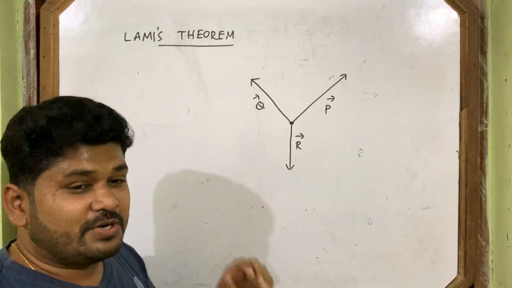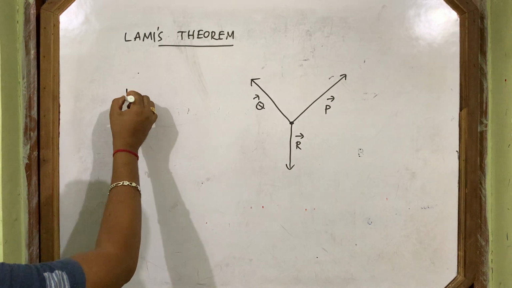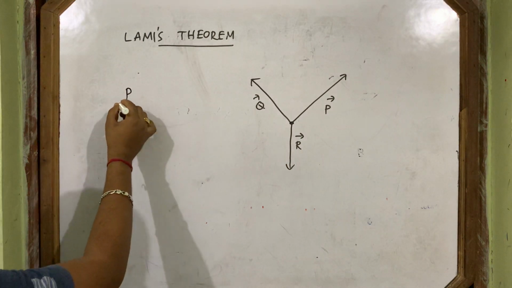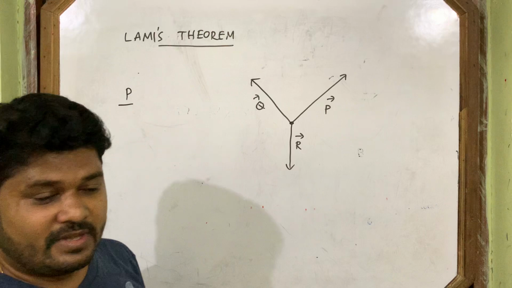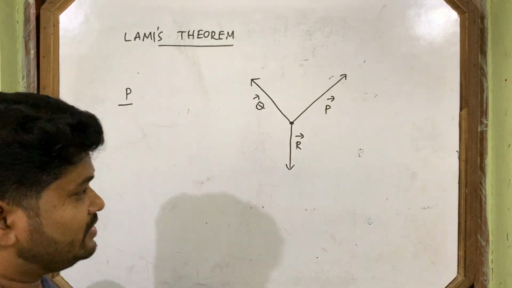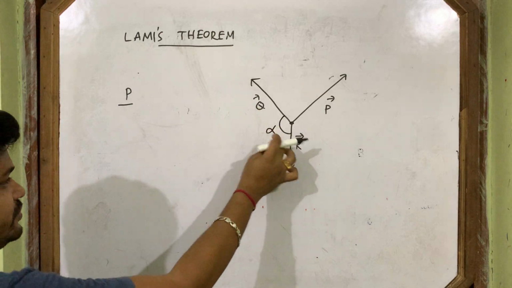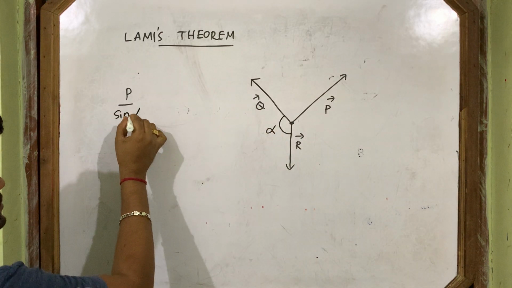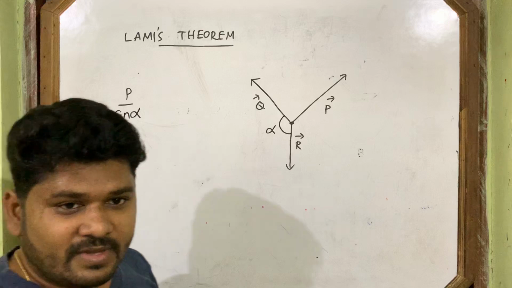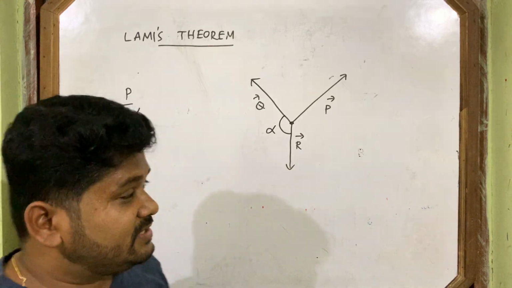Then this theorem tells the ratio of magnitude of each force. You take first P to the sine of angle between the other two. Between the other two the angle is alpha. I am telling you again the statement, listen.